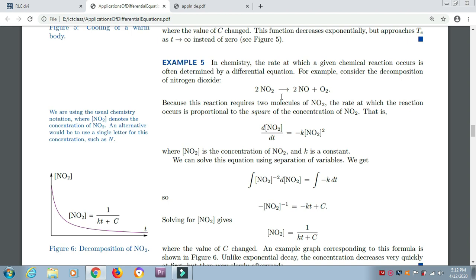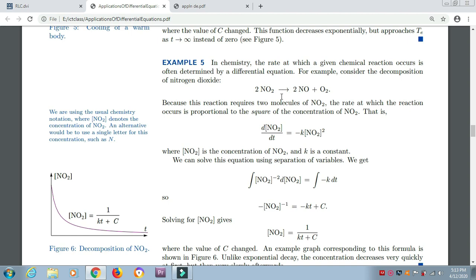Here we consider nitrogen dioxide. So 2 NO2 decomposes into 2 NO plus O2. Here we have two molecules of NO2. We can write the rate of change occurring in this reaction in terms of a differential equation dy by dt, where y equals NO2. So d[NO2] by dt equal to minus k into [NO2] the whole square, because the rate at which the reaction occurs is proportional to the square of the concentration of NO2.